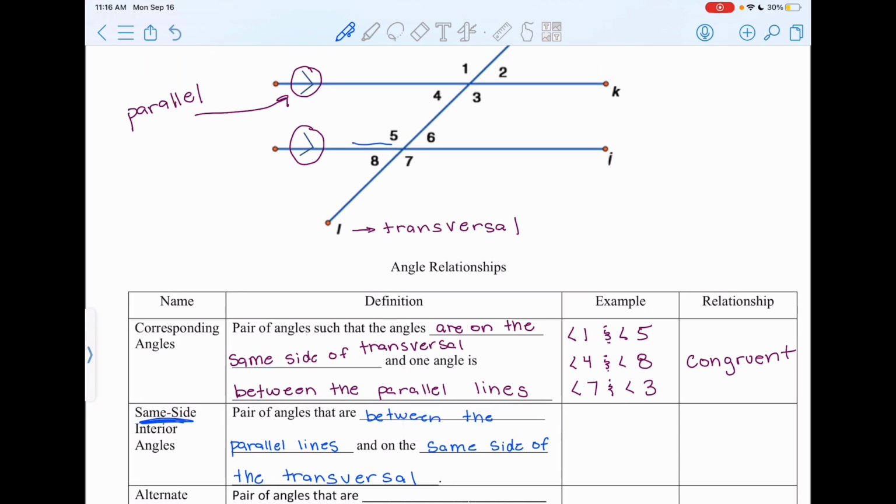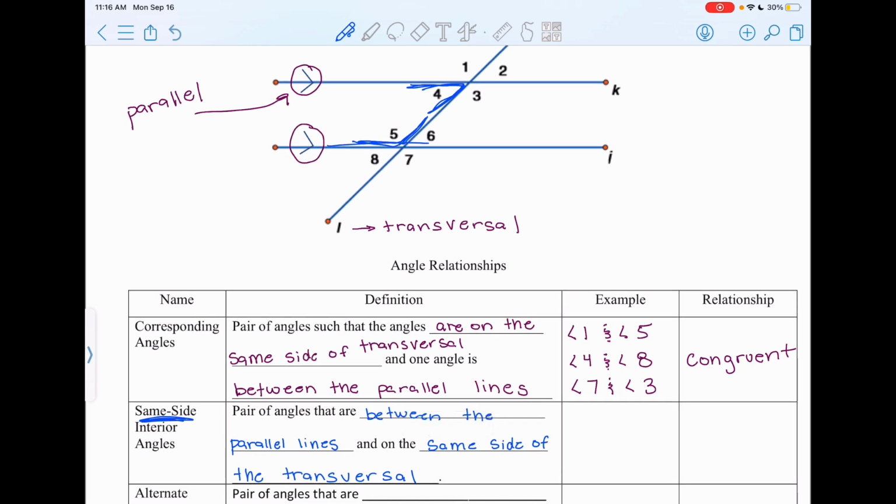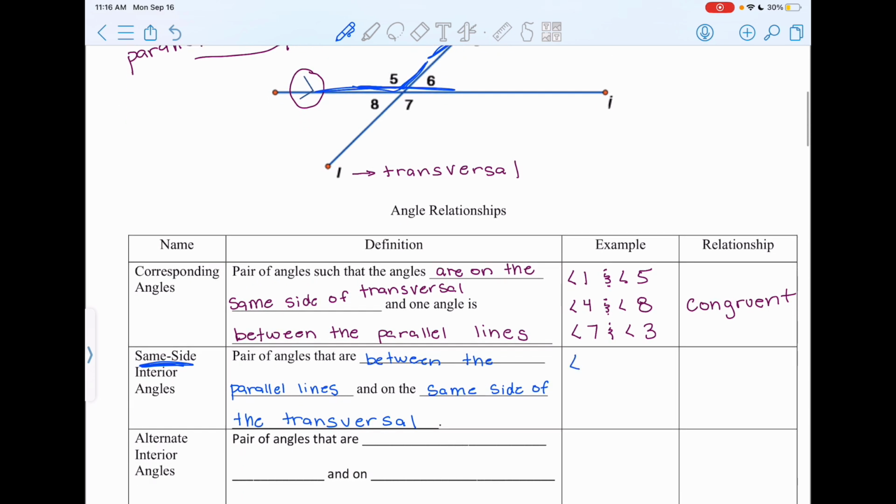So for example, angle 5 and angle 4. Those angles are on the same side of the transversal. They're both on the left, and they're both in between the parallel lines. They're in the interior. So angle 5 and angle 4.